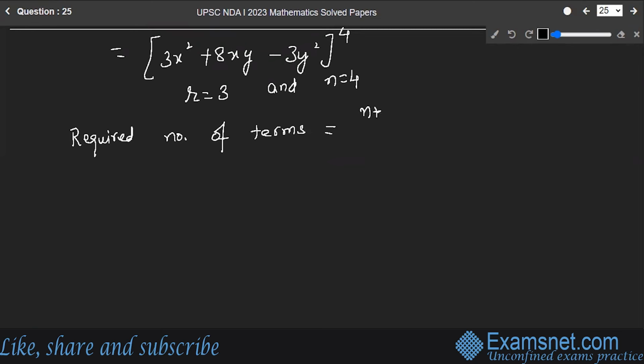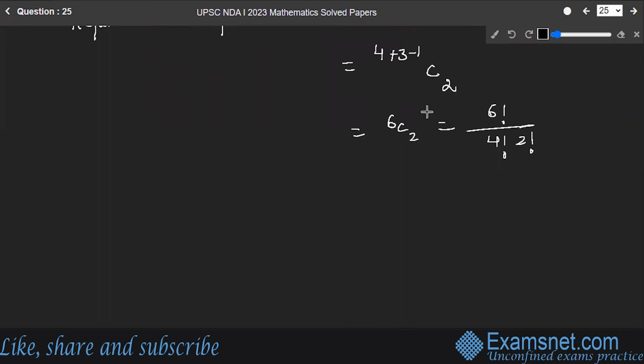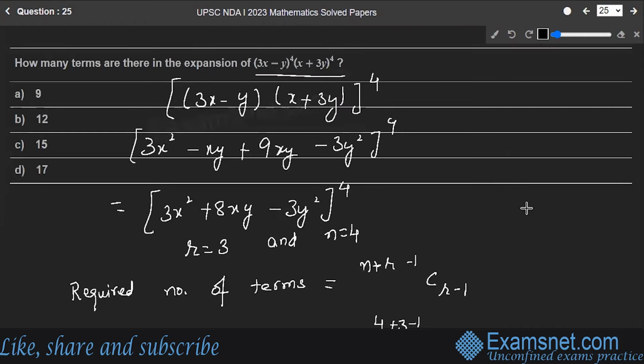This is n plus r minus 1 C r minus 1. N in this case is 4, r is 3, so minus 1, C 3 minus 1, that is 2. So this is equal to 6C2, which is 6 factorial upon 4 factorial into 2 factorial, which gives you 6 multiplied by 5 upon 2, that is 15. So we have option C as the correct answer.